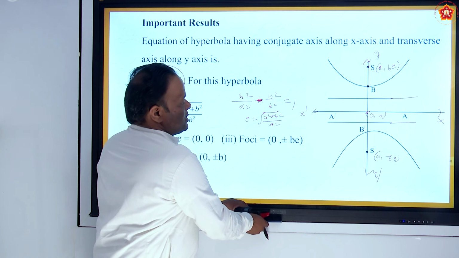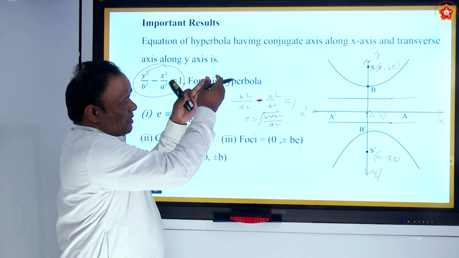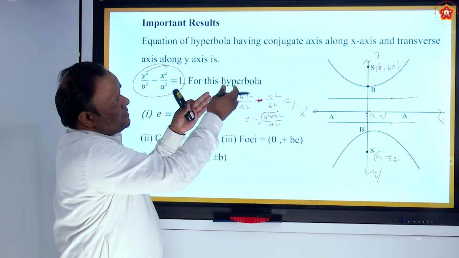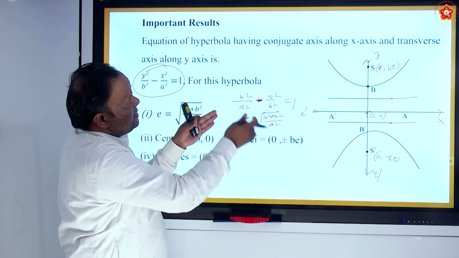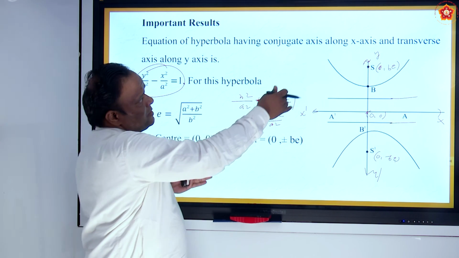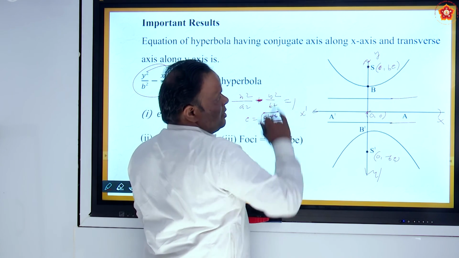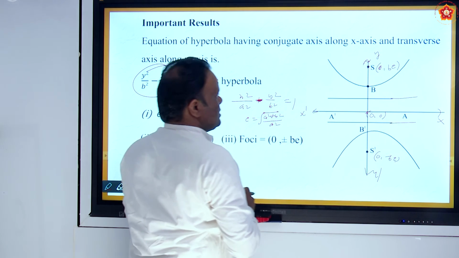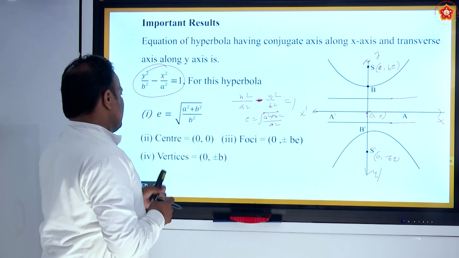These are the coordinates of foci, because the conjugate axis is along the x axis and the transverse axis is along the y axis. Therefore, the foci are 0 comma b and 0 comma minus b.